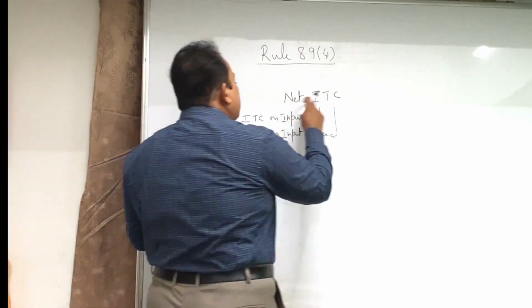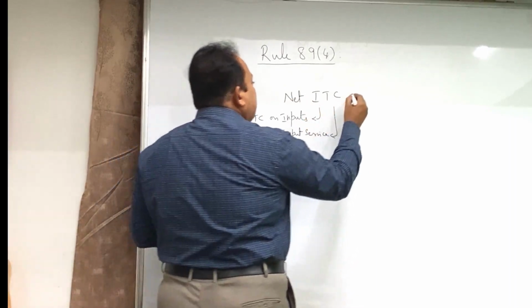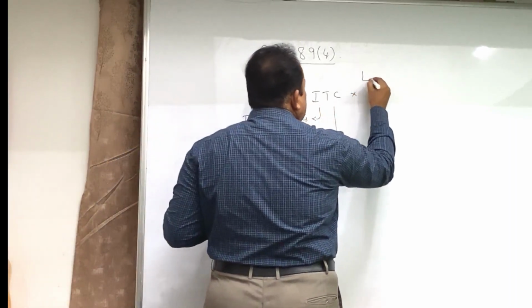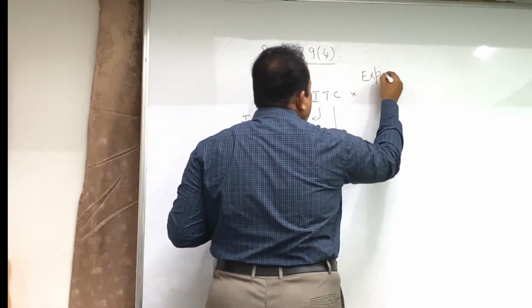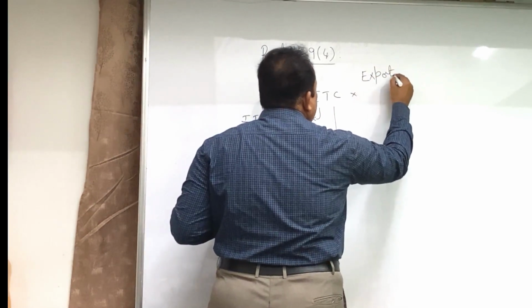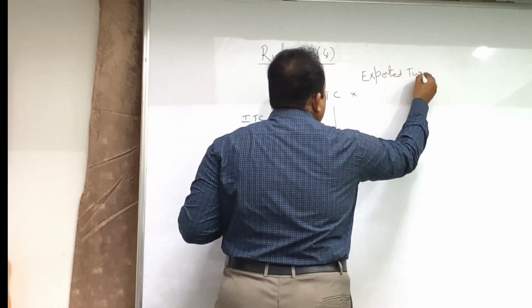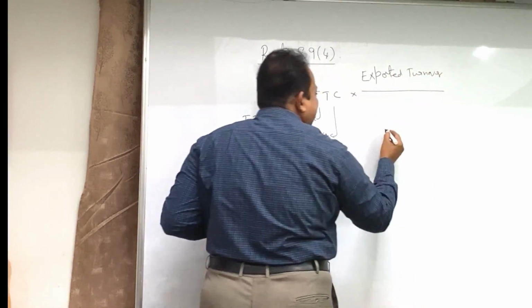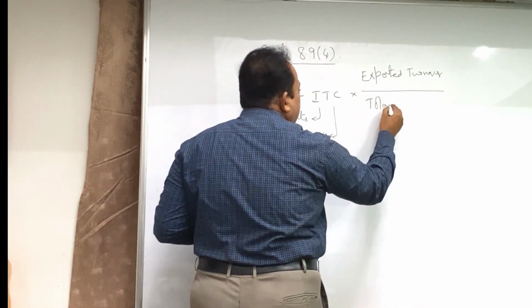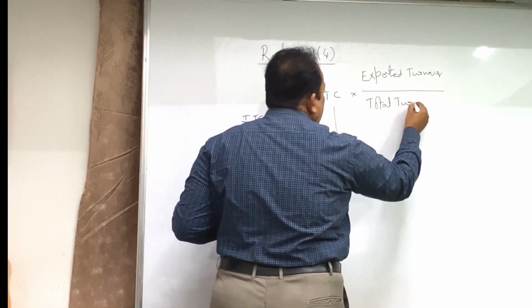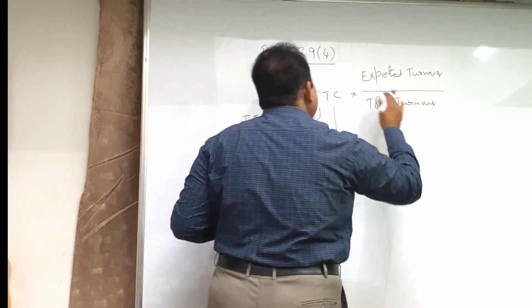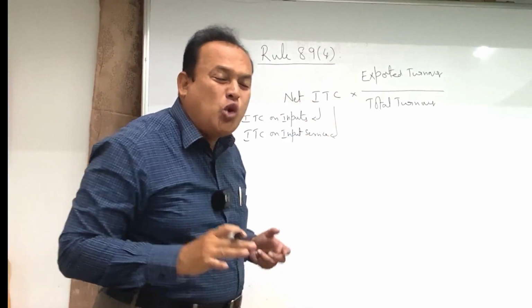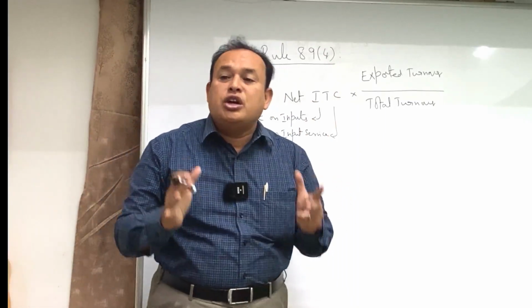Therefore, net input tax credit on inputs and input services that you multiply with exported turnover for the tax period. Exported turnover may be supply of goods, supply of services, as the case may be, divided by total turnover for the tax period. Total turnover means for the period of October you are claiming, or for the quarter October, November, December you are going to claim.